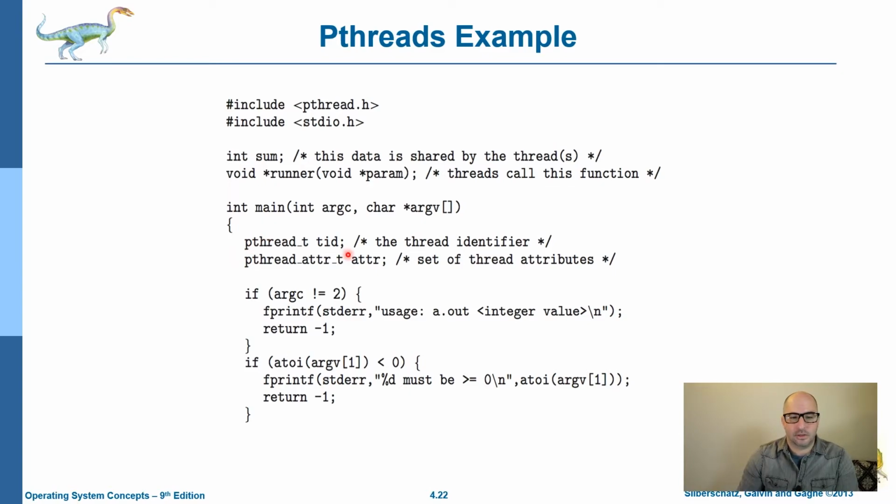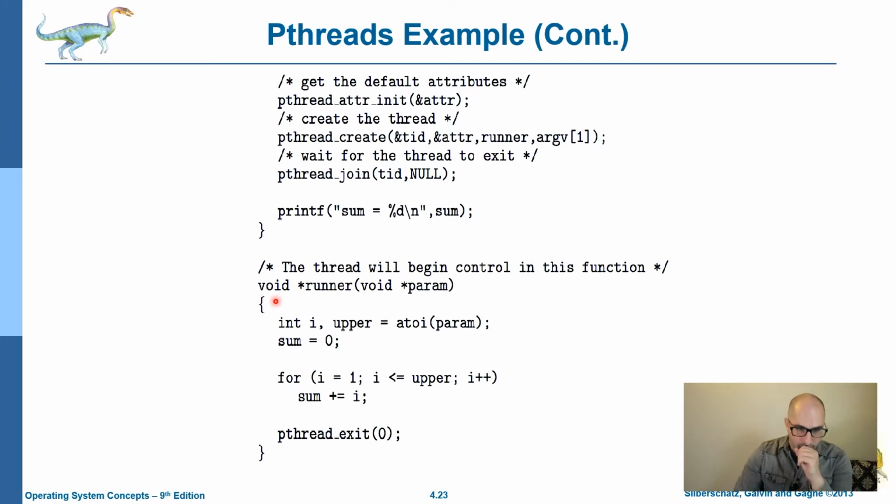The main function sets up space to hold the thread ID, the set of attributes for the thread, and then does some command line argument error checking. And then it initializes the attributes of the thread. Just for the moment, just think of this as something we have to do to get the API to work.